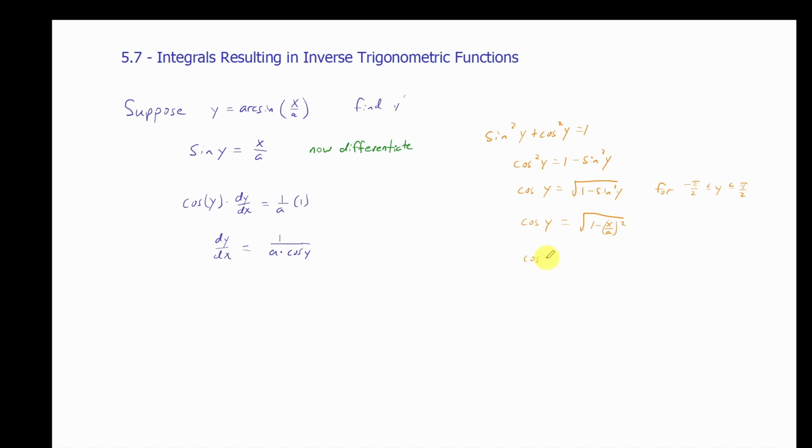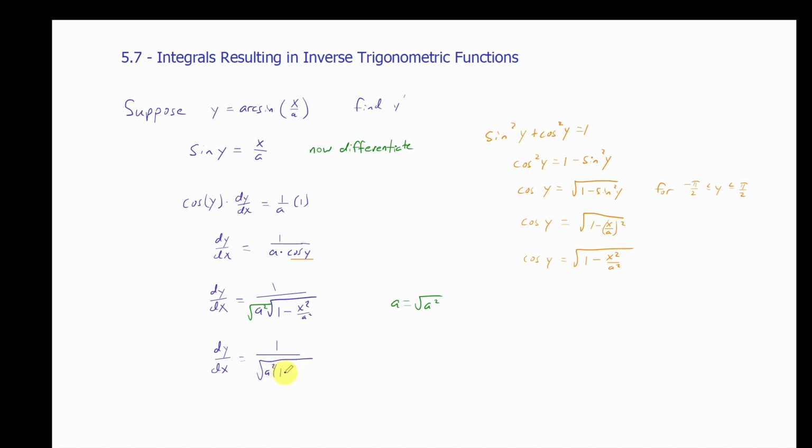I'm going to just simplify that a little bit more. So this is x squared over a squared. And we'll go ahead and plug that in for cosine of y. So dy dx is 1 over a square root 1 minus x squared over a squared. If I rewrite the a as the square root of a squared, then I can combine these square roots together.